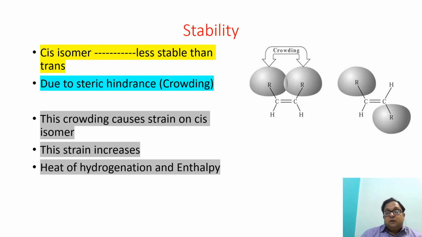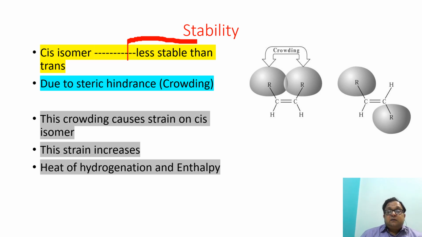Stability is the next physical parameter used for configurational identification. Cis isomers are less stable and trans isomers are more stable.